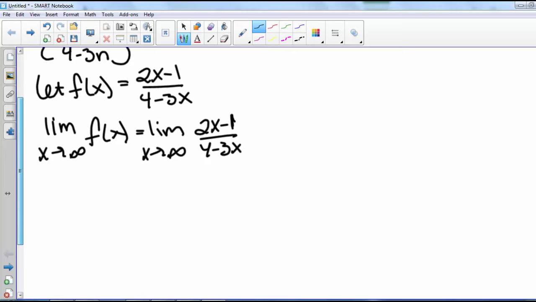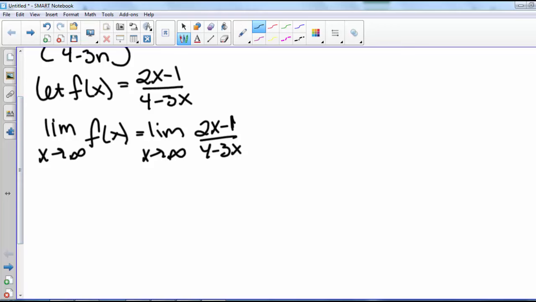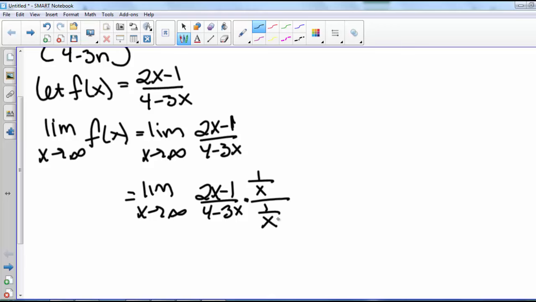If we remember when we were learning about limits as x goes to infinity from Calc 1, then we want to multiply the top and the bottom by 1 over x. We're going to multiply both the top and the bottom by 1 over x.